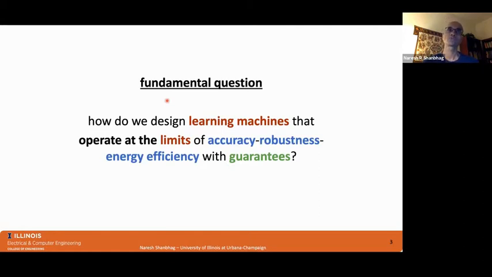We want to design machines that can operate at those limits, and we want to do all of this providing guarantees. And this is one of the big problems with today's deep networks. It is very, very difficult to give guarantees on almost anything. It is a challenge to provide theoretical guarantees.